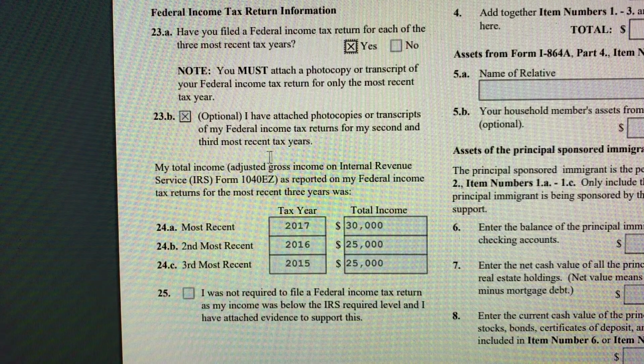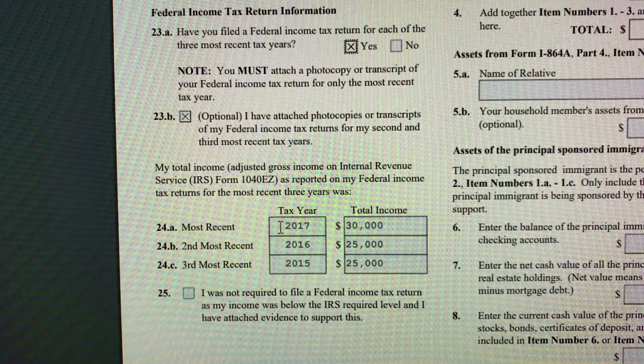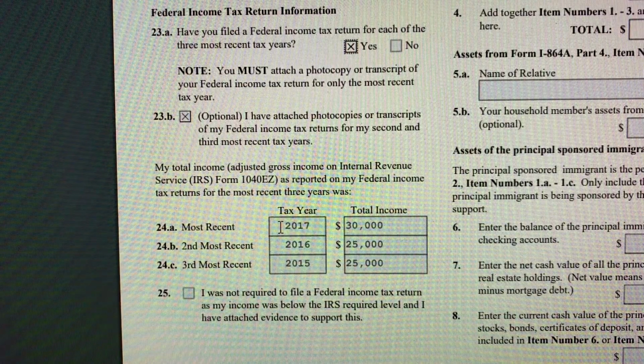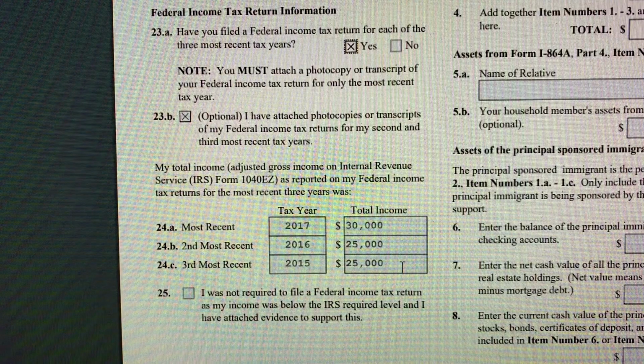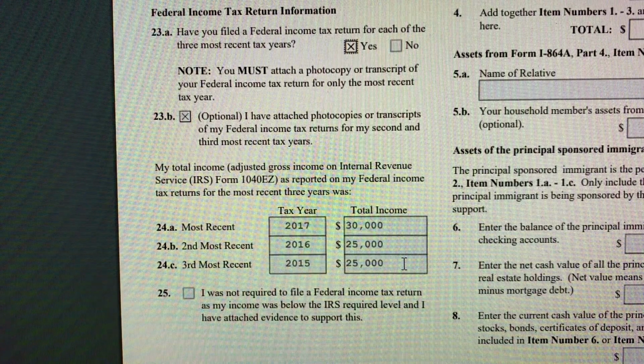My total income, adjusted gross income, Internal Revenue Service IRS Form 1040, as reported on my federal income tax returns of the most recent 3 years: most recent 2017 total income 30,000, second most recent 2016 25,000, and 25,000.